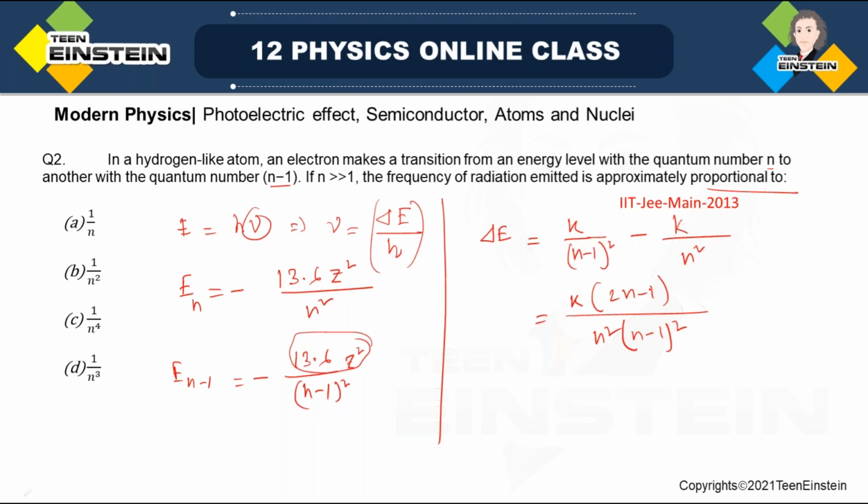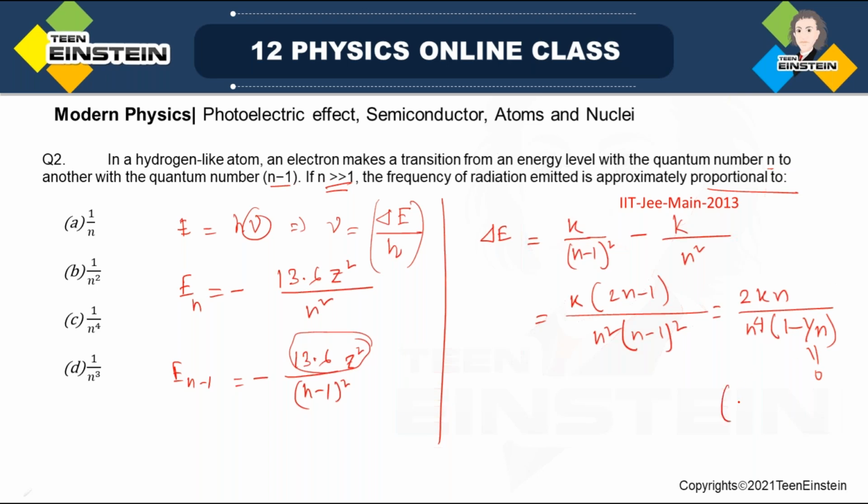There is one condition given here, we can make use of this condition. If we make use of that condition, then we can neglect this 1. So it is 2Kn, and here if I take n common, then it will be n to the power 4, times 1 minus 1 over n. This term can be neglected because n is much greater than 1.